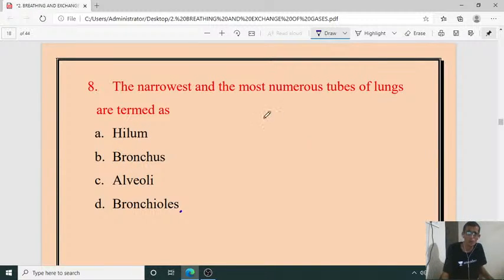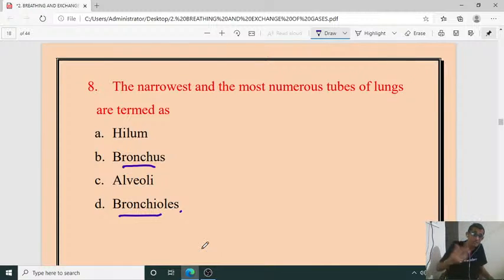That is what? Bronchioles. Bronchus, primary bronchus, secondary bronchiole, tertiary bronchiole, alveolar duct with the infundibulum and the alveoli. That is the passage of that air.